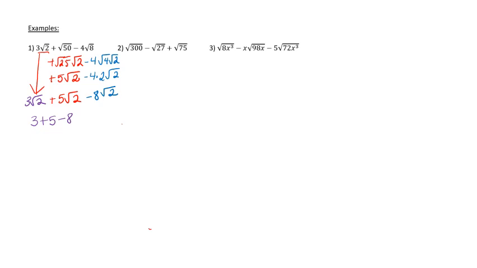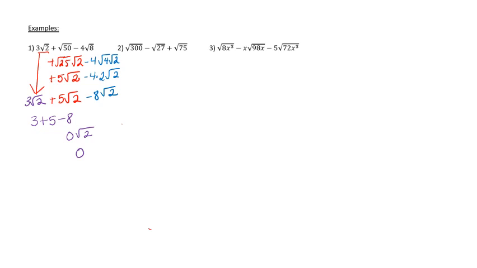And 3 plus 5 minus 8 is 0. So it's 0 square roots of 2, which is just 0. Can you imagine all that work to just get 0? So simplify each radical and then combine each radical by adding the coefficients. They have to be like for you to do that.